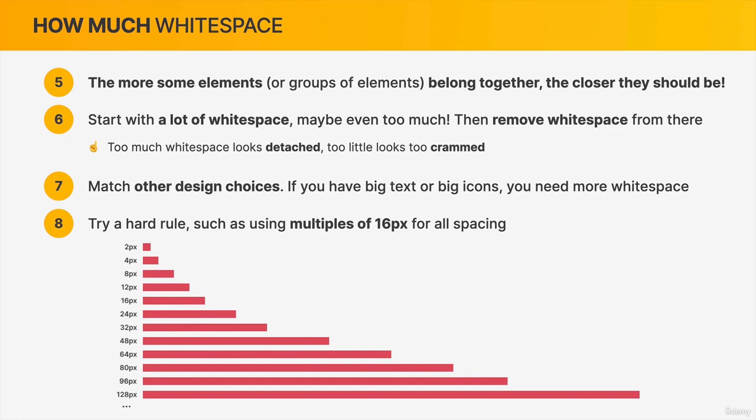So it's the same idea as before with the font sizes, where I mentioned that limiting your choices is actually a good idea. It sounds like a limitation, but it's actually great, because having to constantly think about what spacing we want to use can be really tiring. But if we have a system like this in place, then we can just choose a value, and if that one doesn't fit, then we go for the next one.